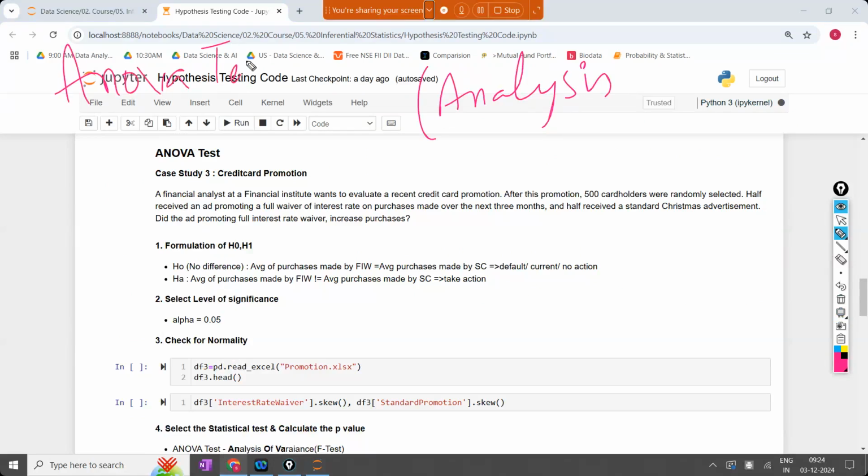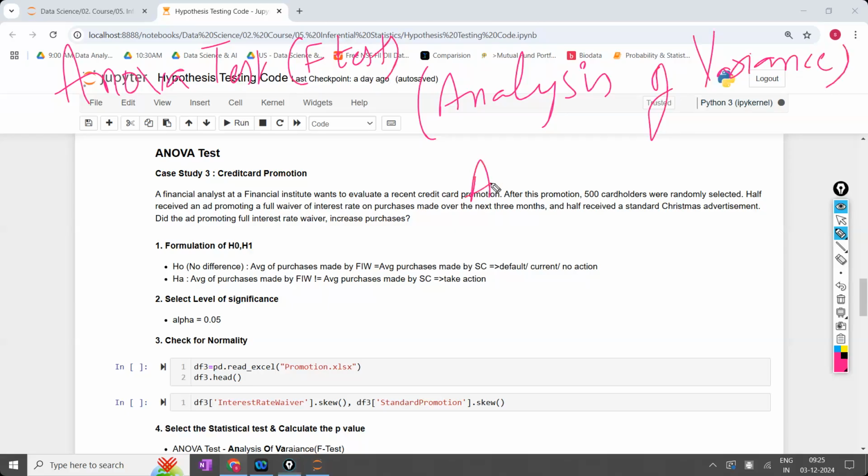The ANOVA test, which is also called the F test, is nothing but analysis of variance. AN from here, O from here, VA from here. Analysis of variance.